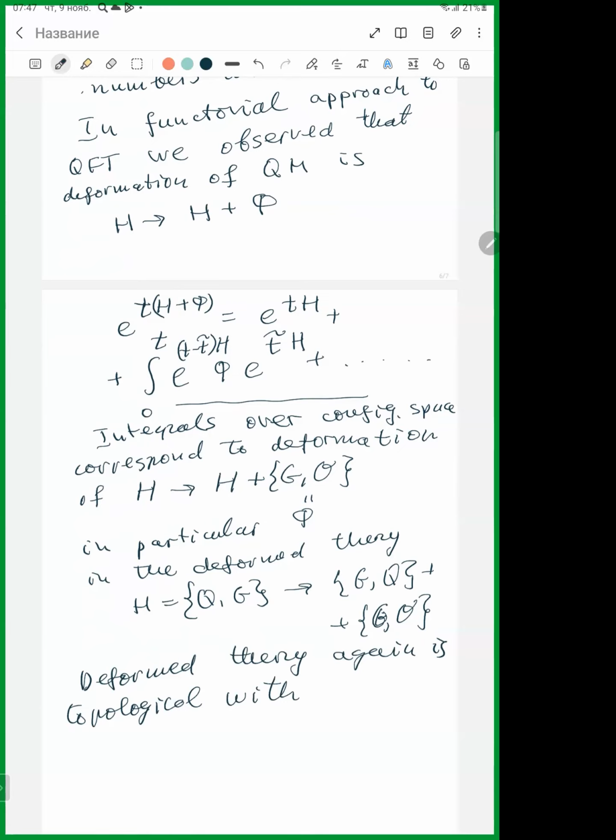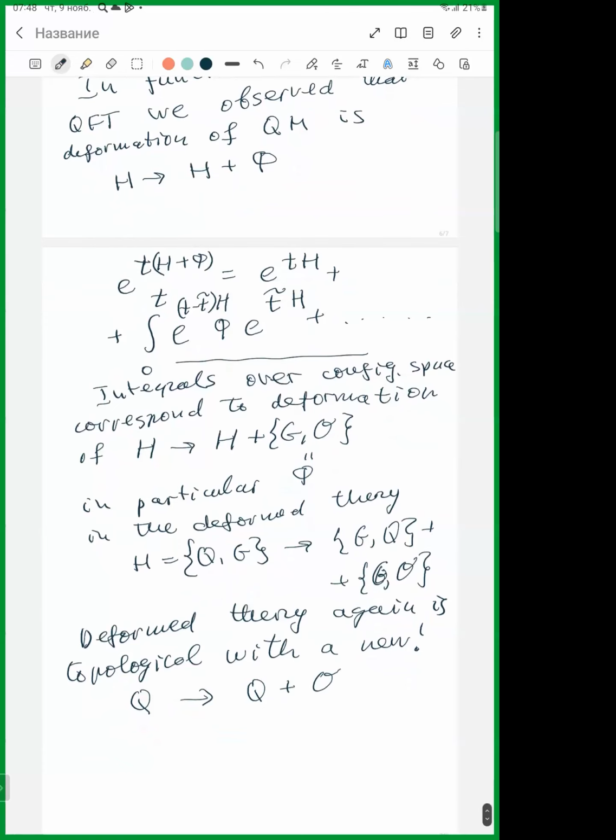With a new Q. Q goes to Q plus O. Now, it's interesting to note that we already have seen it in an example.